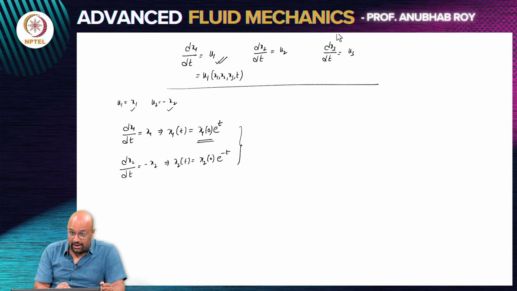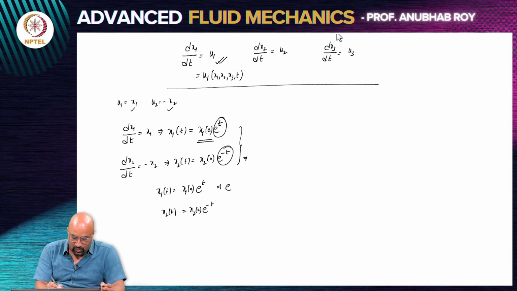I have these two coordinates, and there is an explicit time dependence, so it is not obvious that it is indeed a streamline. To make this obvious, we will write down the equation by eliminating time. The elimination is quite easy, because in the first equation I have an exponential of t, and in the second equation, x2 of t is equal to x2 of 0 exponential of minus t.